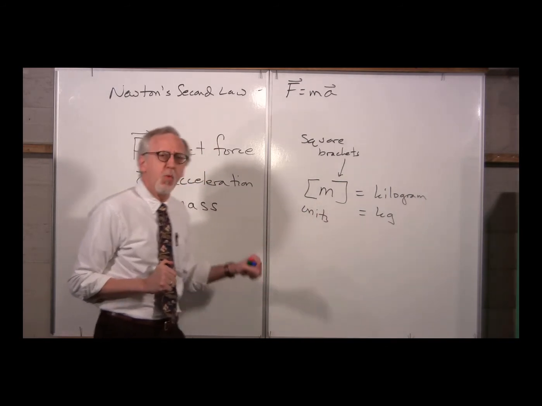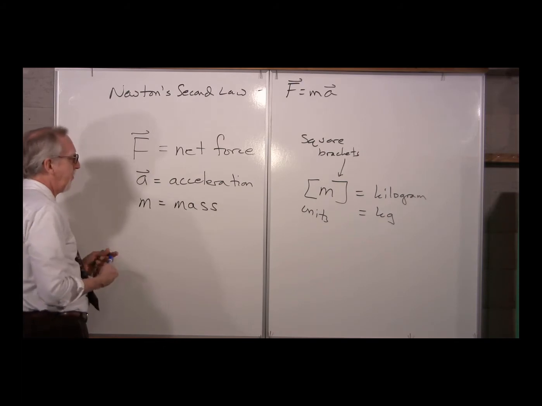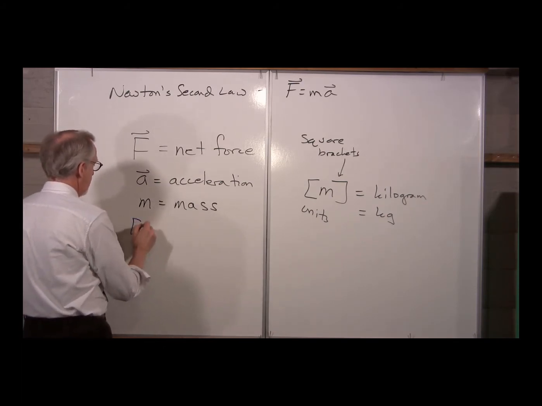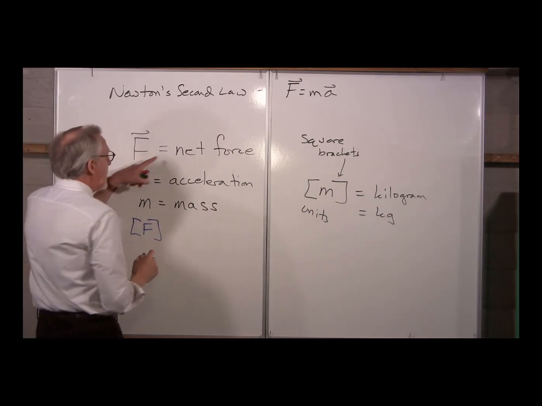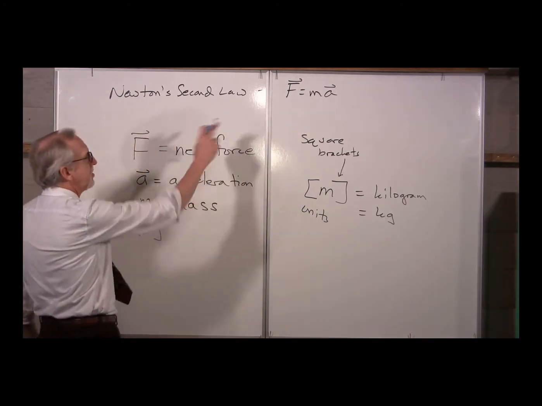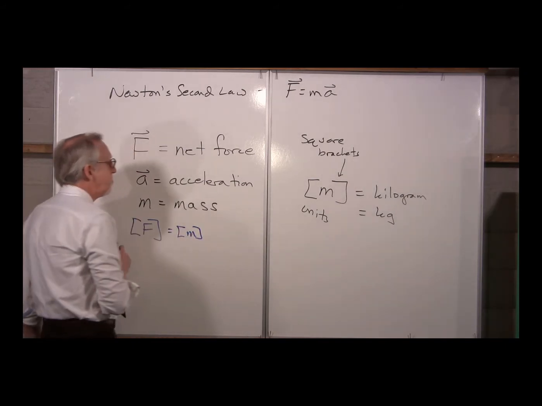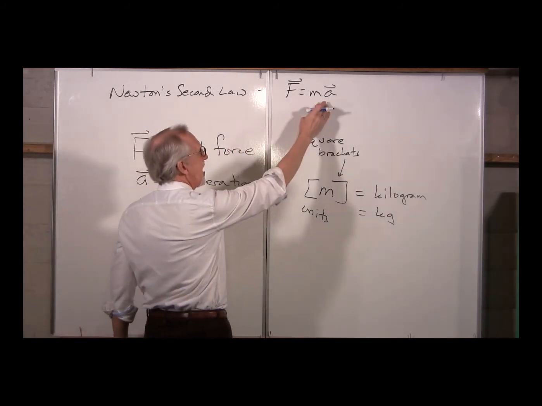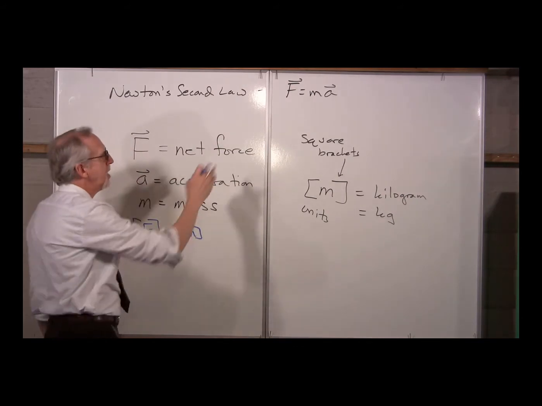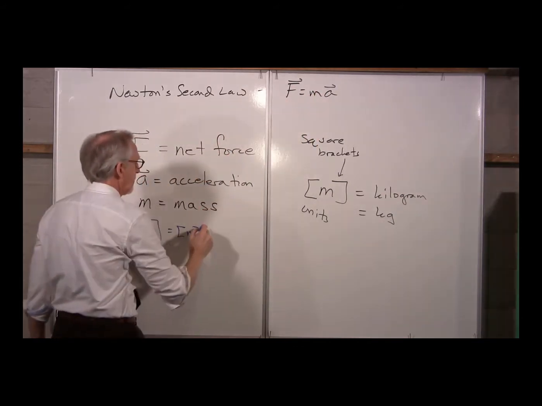Okay, great. So what about the units of force? Well, the units of force we can actually get from this equation, F equals ma. The units of force will be equal to the units of mass times the units of acceleration, because the units on one side have to be the same as the units on the other side.